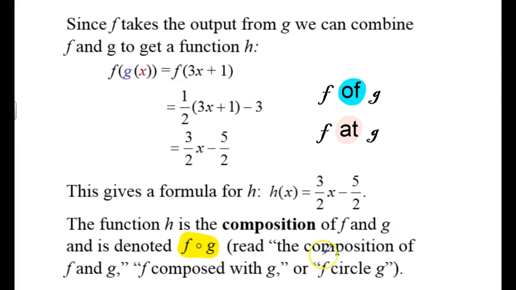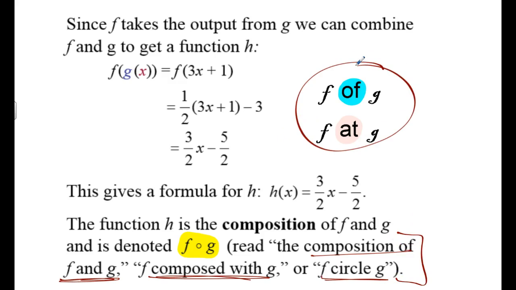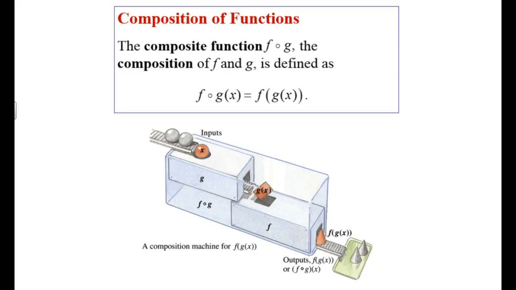So again, this is read the composite function. It says f composed with g, or f circle g. I wouldn't pronounce it any of those ways. I would say either f of g or f at g. And I like "at" because that's telling you exactly, at that particular x value, where's the function's y value.